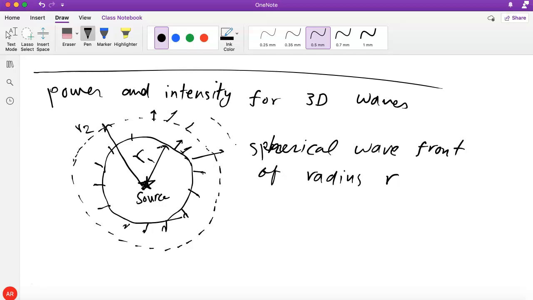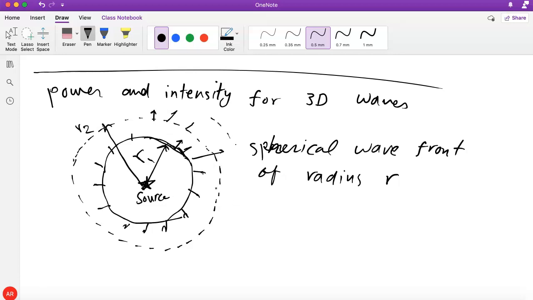So the power that enters here per unit time, or the energy that enters this spherical surface per unit time, must be the energy that leaves this bigger one per unit time. So the total power, the energy per unit time for each of these spheres, is the same, and it's how much the source is putting in per unit time.